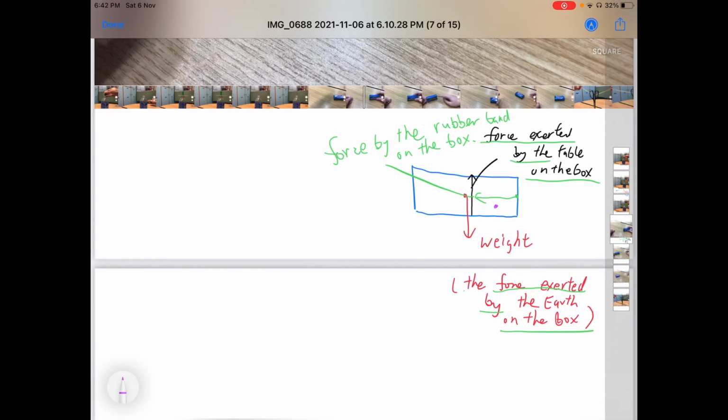However, what should the length of the arrow be in order to make the object remain at rest? It should be the same length as the green arrow so that these forces can be balanced. Is it okay? This is the force by a person, actually me, on the box.